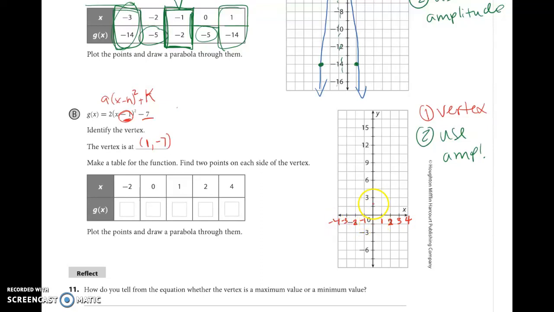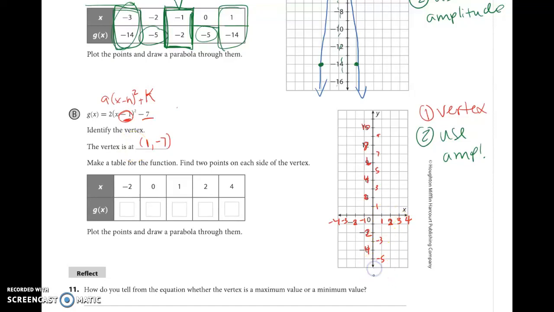Same thing going up, 1, 2, 3, 4, 5, 6, 7, 8, 9, 10. I'm going to count by ones. So this is negative 2, negative 3, negative 4, negative 5. Okay. So I have my vertex at 1, negative 7.